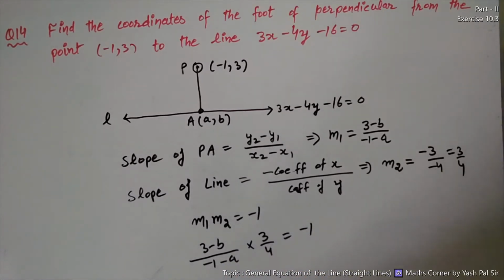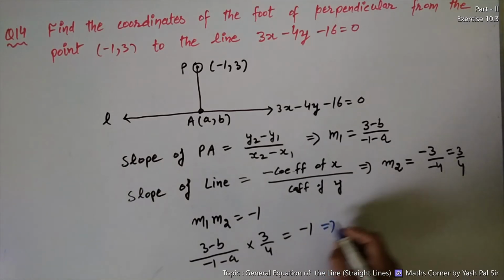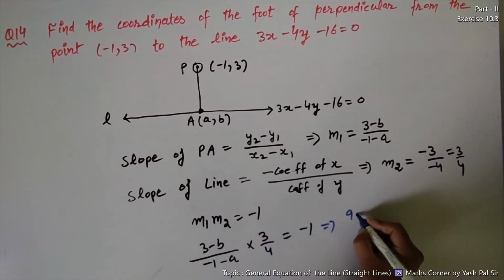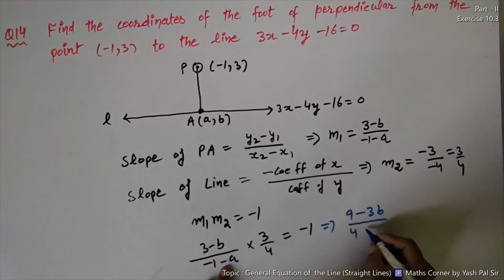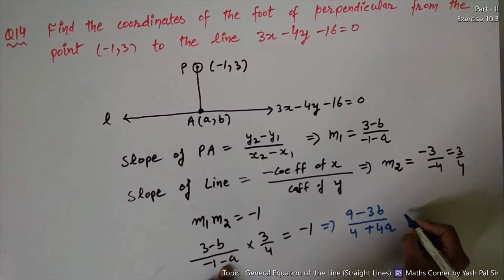So this minus will be cancelled. We are left with 3 into 3, 9 minus 3b divided by 4 plus 4a is equal to 1.